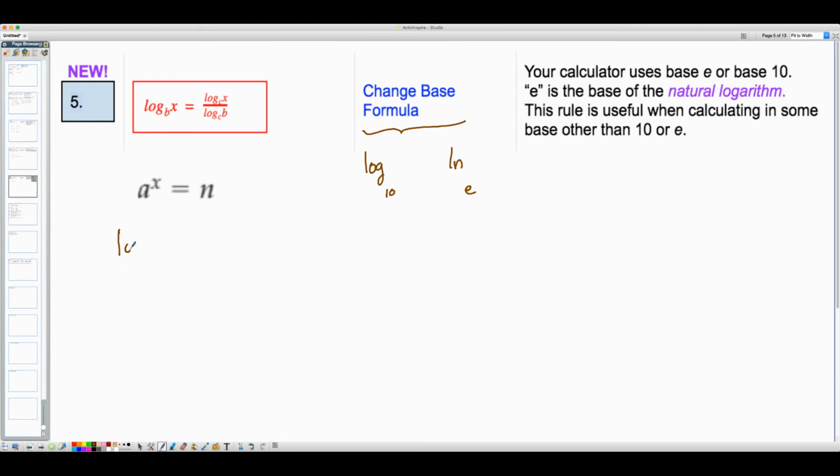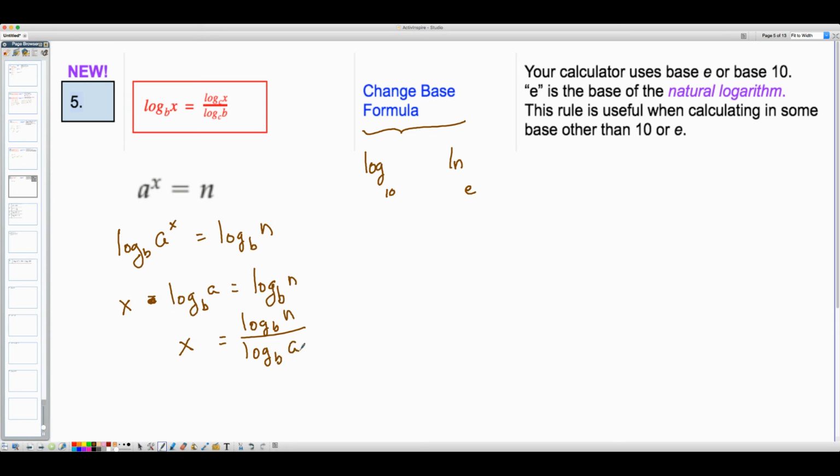If I were to take the log of base b of both sides of this equation, so I have a to the x is equal to n, I can rewrite this with x on the outside: x times log of base b of a is equal to the log of base b of n. And my x value is equal to the log in base b of n divided by the log in base b of a.